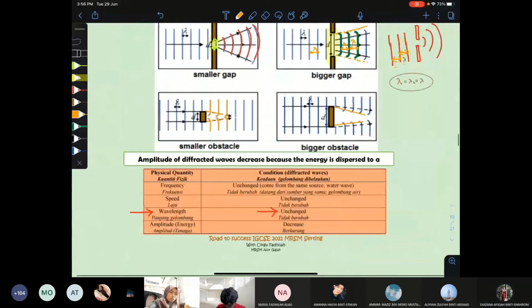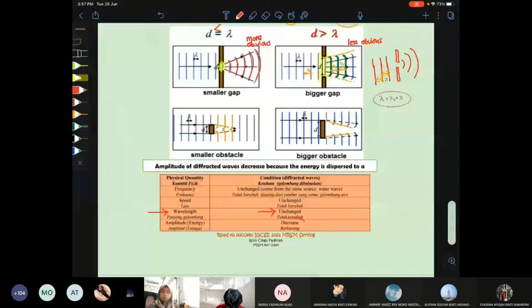So why does the amplitude change? That can be a very good question. The amplitude decreases. Why does it decrease? Because of the obstacle and gap.